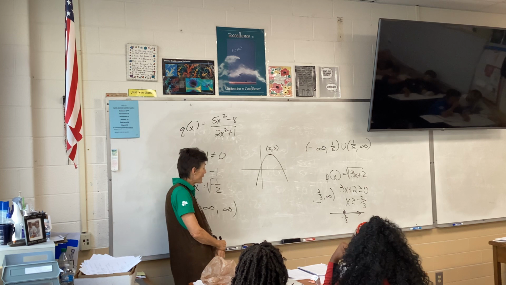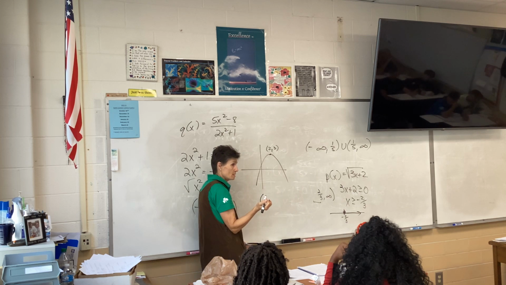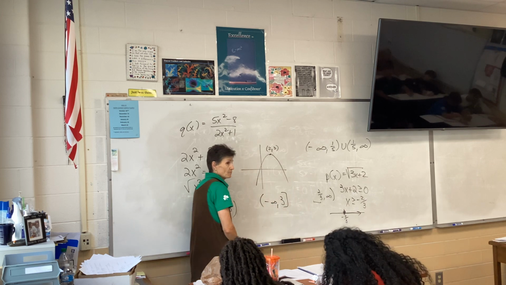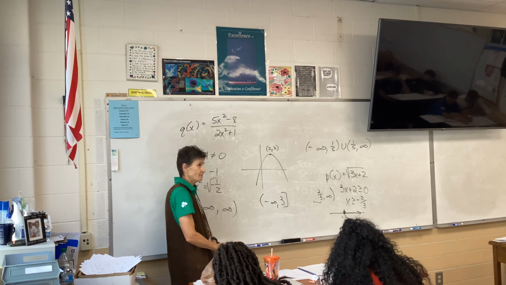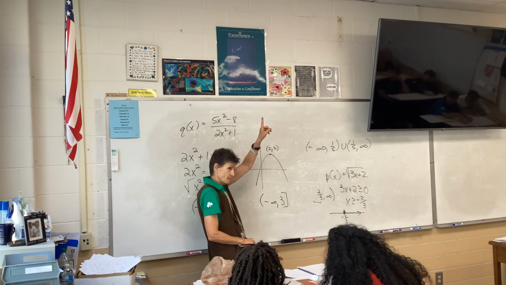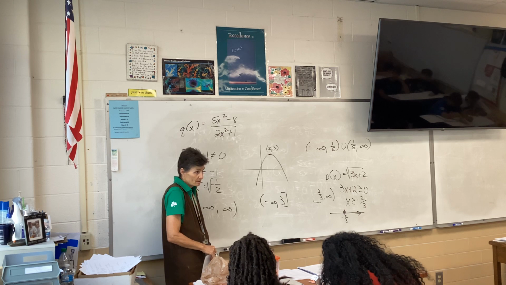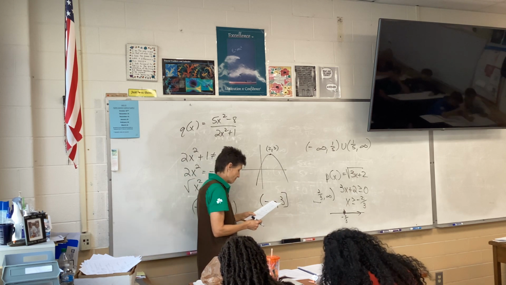No. What y's do I have in the picture? 3 and down, which I would write like this, wouldn't I? Isn't that 3 and down? Positive infinity would mean up. I don't want up. I want 3 and down. That's the range of that guy.